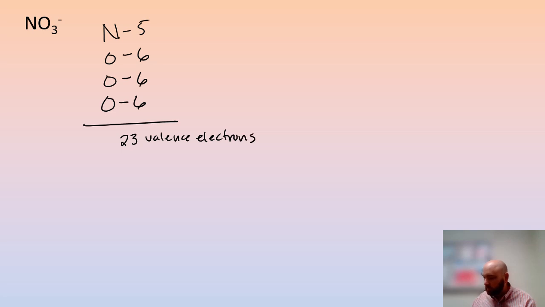We can also see by the charge on our molecule here, we've got a negative charge, meaning that one extra electron has been gained from somewhere else. So we can add one more to our total here, 24 valence electrons with which to build our nitrate polyatomic ion.